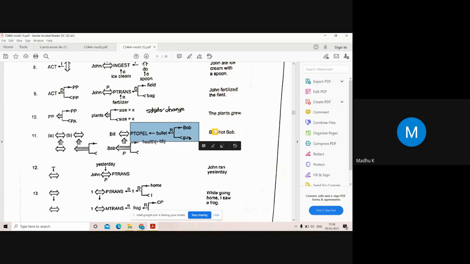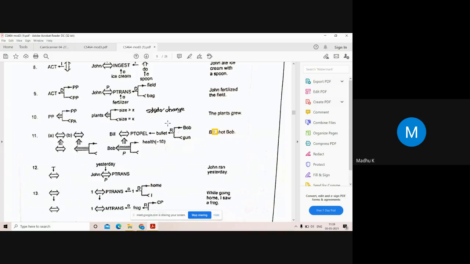The action part is represented in this way. Here, propel is used. The action is propel, and the object is bullet.